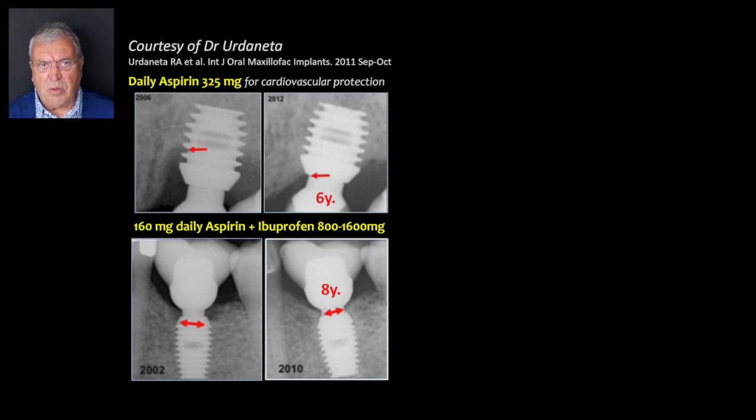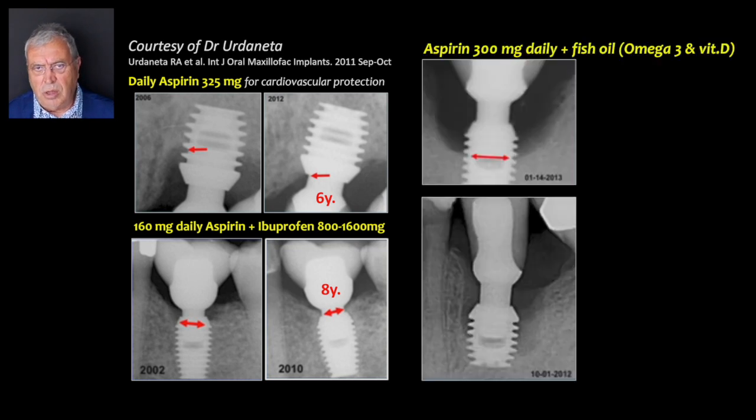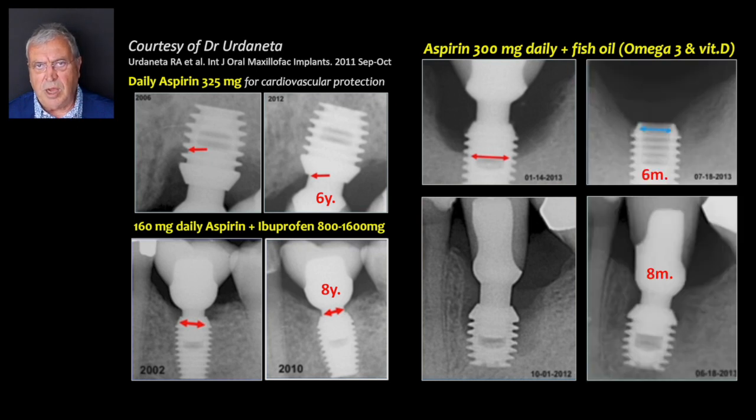And he found that after 6 to 8 years, the bone was coming back slowly. This is interesting. But if we add fish oil to the NSAIDs, then the bone is coming back much faster, in 6 to 8 months. This is the concept of osteoimmunology.